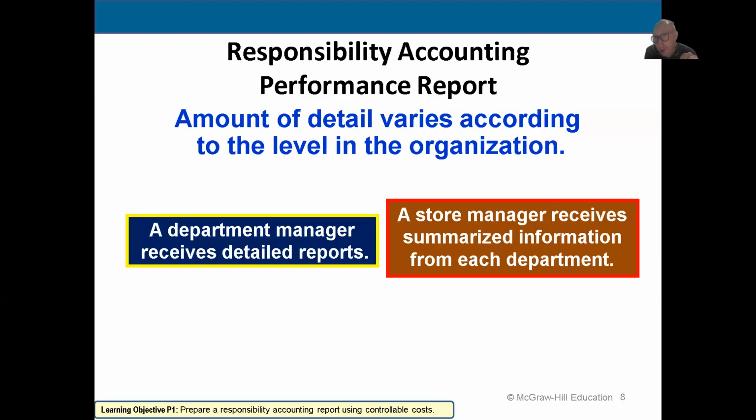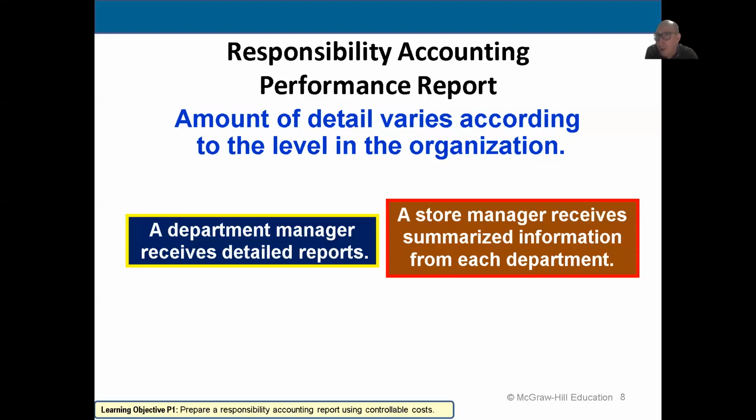The store manager, on the other hand, only sees a summary for each department. When a store manager receives the report for the jewelry department, all they see are the total sales, the total income, and the total expenses. That's really about it. The store manager is not concerned about how well a watch is selling in the department.